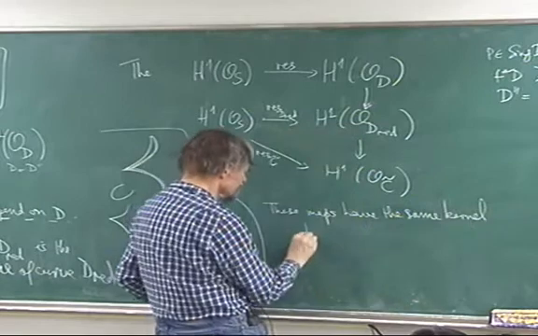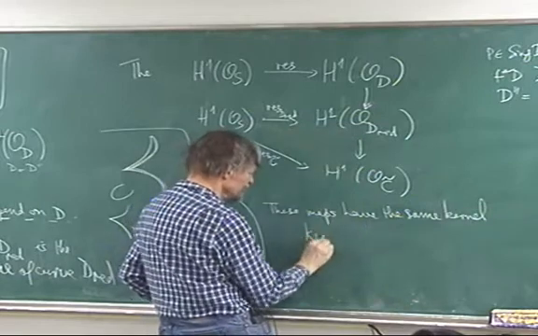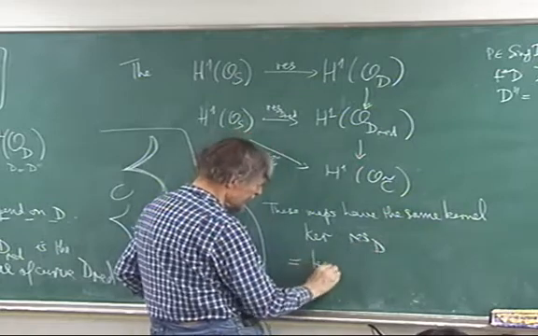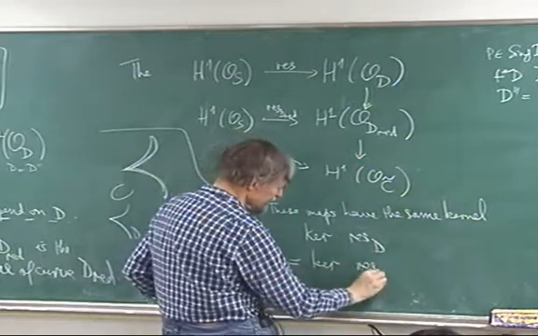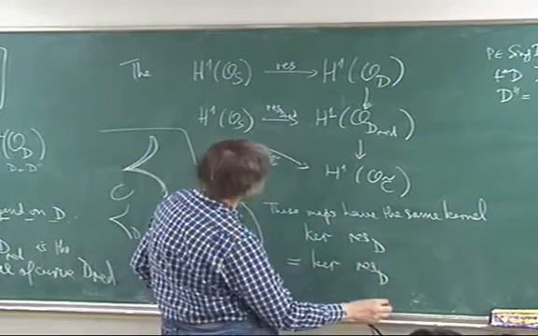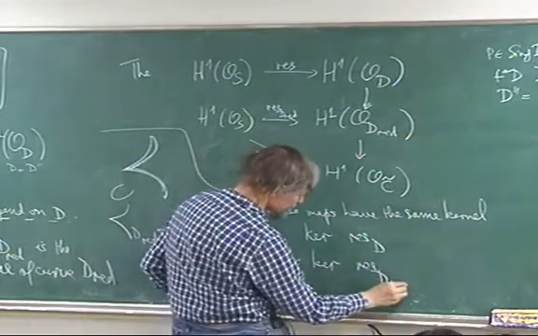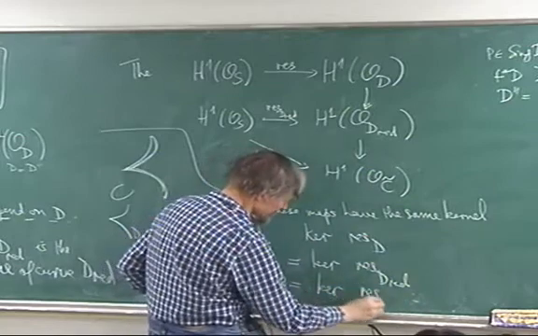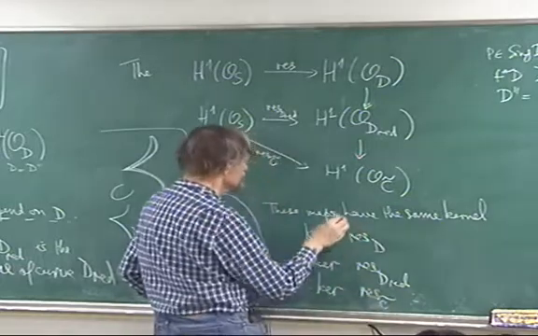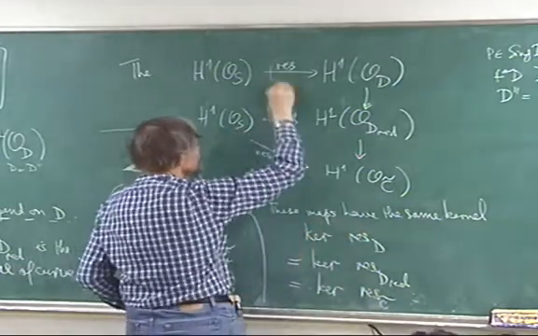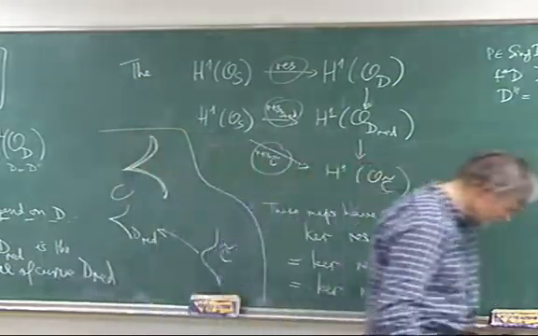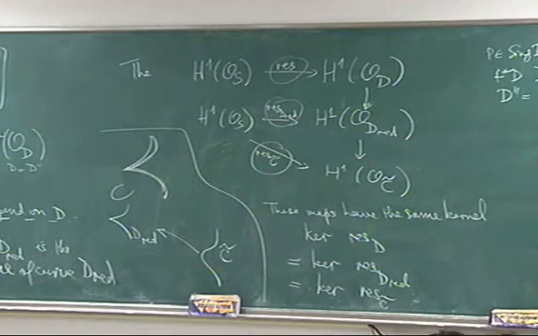So in other words, the kernel of restriction to D equals the kernel of restriction to D reduced equals the kernel of restriction to C twiddle. Right? So these three maps, a priori different maps, have the same kernel. Right, so why is this good for us?